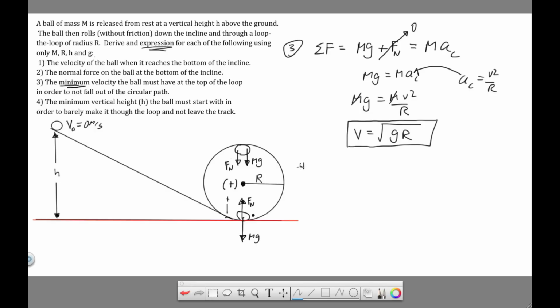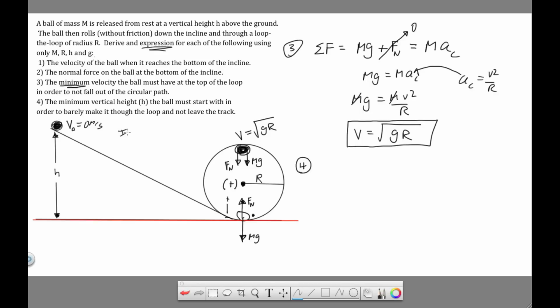And then the last question: what's the minimum vertical height that the ball must start with in order to barely make it through the loop? So we have the velocity at the top of the loop, the velocity for the ball to barely make it, square root of gr. Now we do conservation of energy using over here as the initial and here as the final.